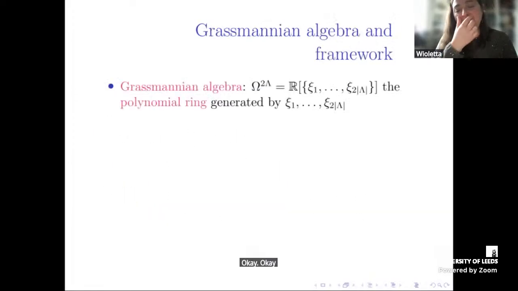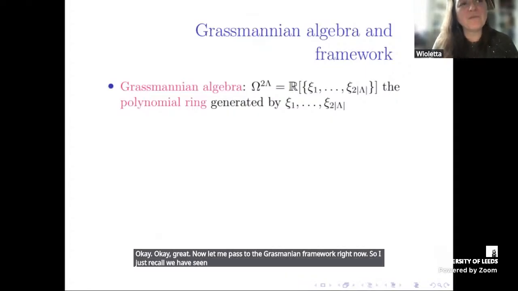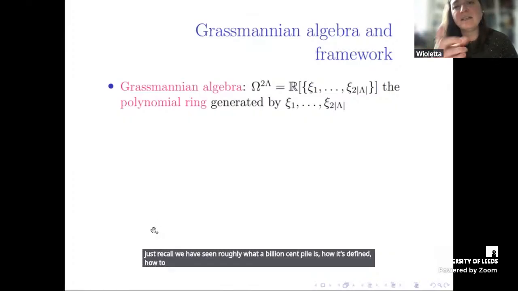Okay, great. Now let me pass to the Grassmannian framework. I just recall we have seen roughly what the Abelian sandpile is, how it's defined, and how to pass from the sandpile model to the uniform spanning tree.